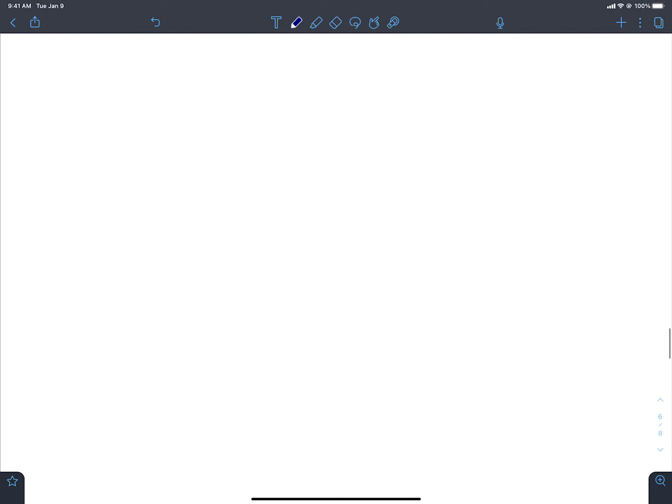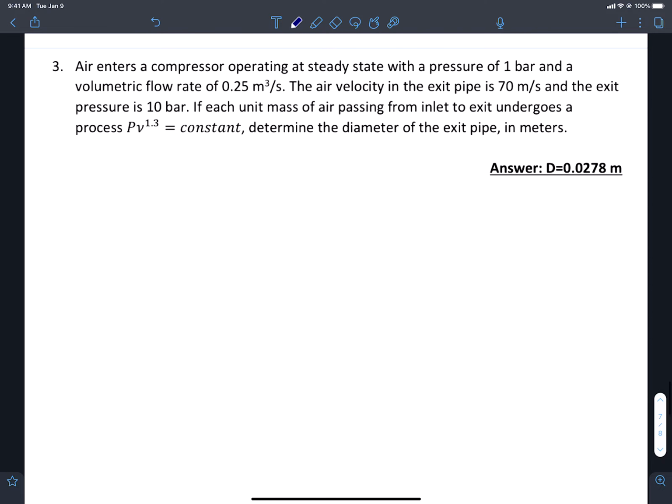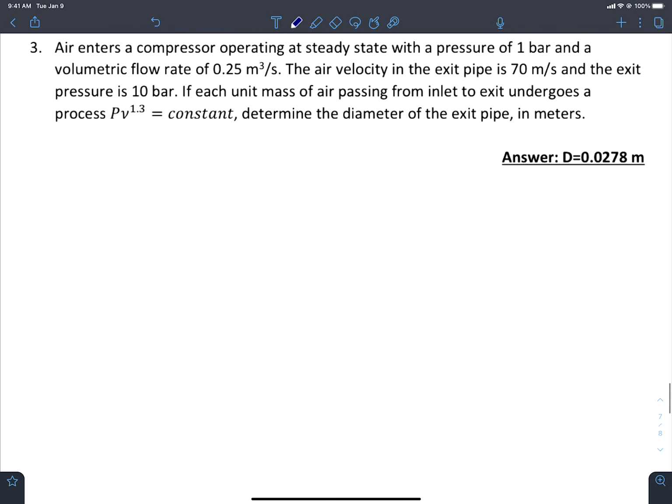Yeah, okay. Put an extra page for question. Okay, question 3. Air enters a compressor operating at steady state with a pressure of 1 bar and a volumetric flow rate of 0.25 meters cubed per second. The air velocity in the exit pipe is 70 meters per second, and the exit pressure is 10 bar.